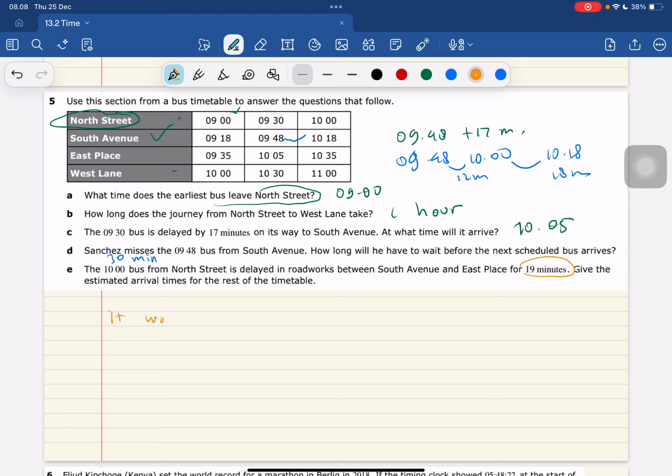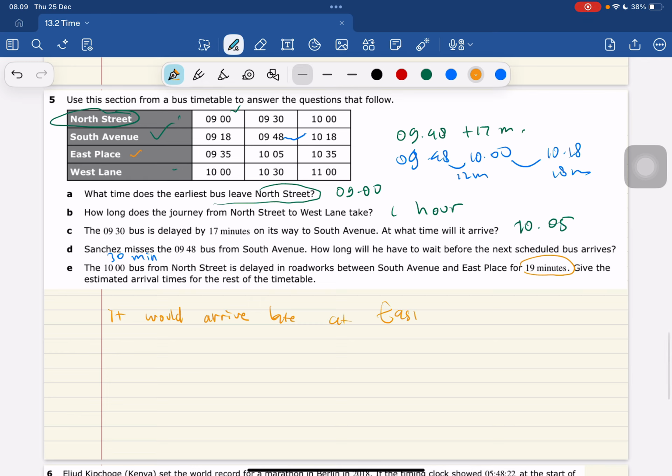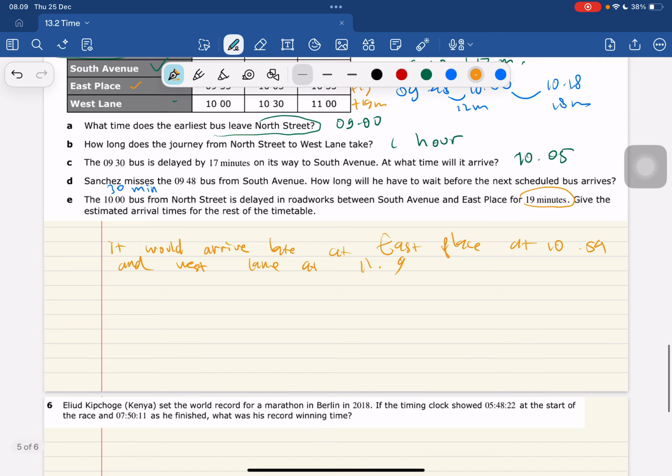So it would arrive late here at East Place at 10:54 and Westland at 11:09. So this we plus by 90 minutes.